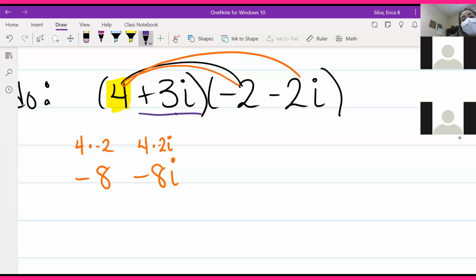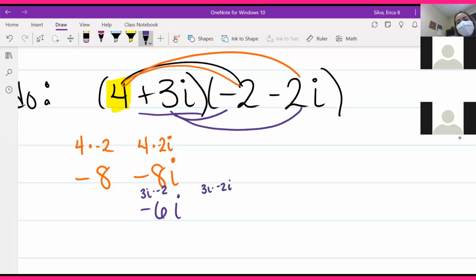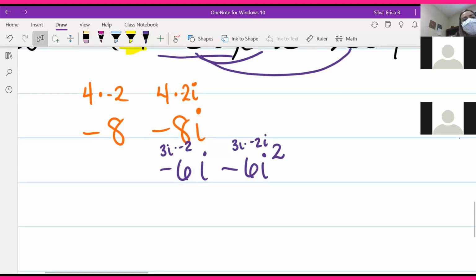So we have 3i times -2, and that gives us -6i. And then 3i times negative 2i gives us negative 6i squared. Any questions so far?